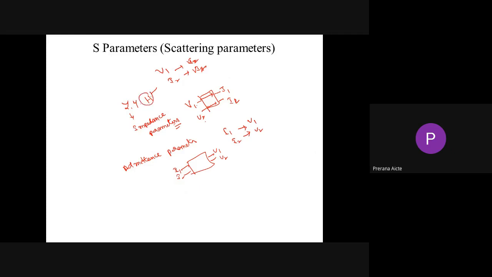That is the hybrid H parameters, also called hybrid parameters. Why is it called hybrid? Because it is a combination of all the parameters, that is input impedance, output admittance, current gain, and voltage gain.